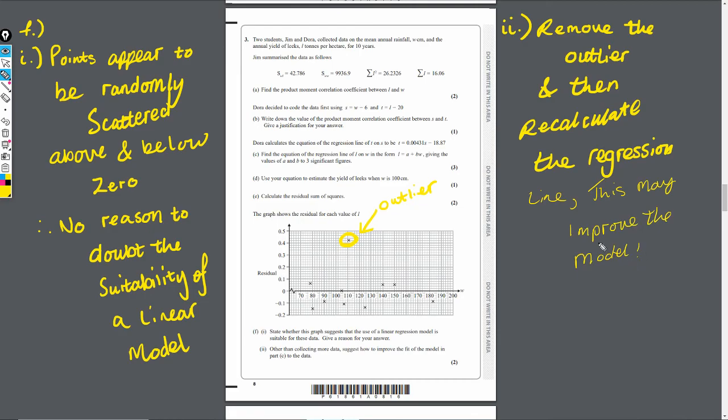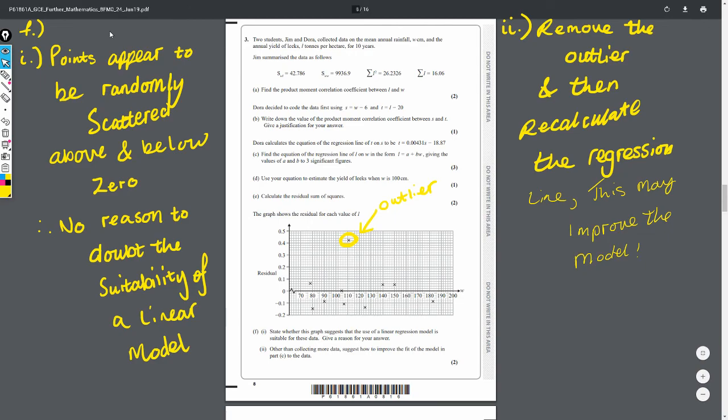So there we go. So that's the very final part for that question, and that's question 3 fully complete.